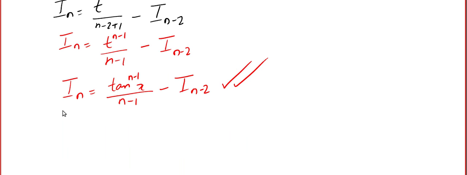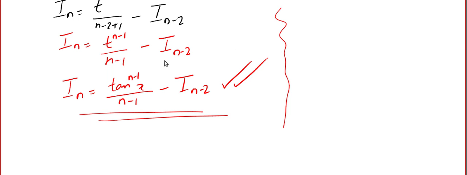But I told you something very important in the last video. Don't leave it as such. Maybe you'll get 5 marks out of 5 marks. But to be honest, or to be more mathematically precise, this is not the reduction formula.